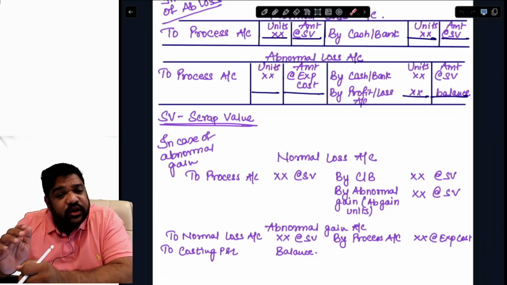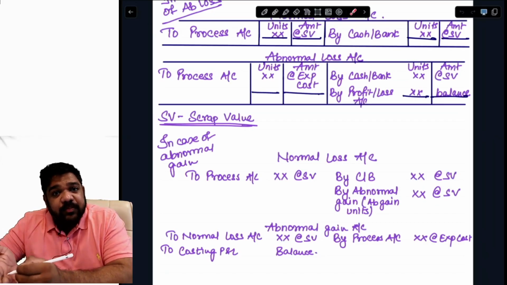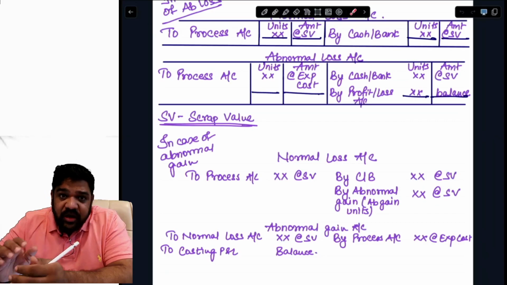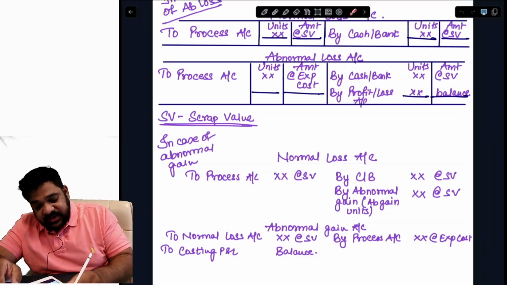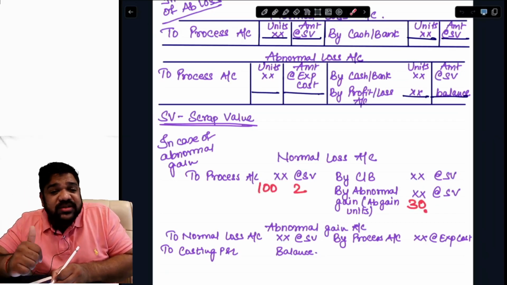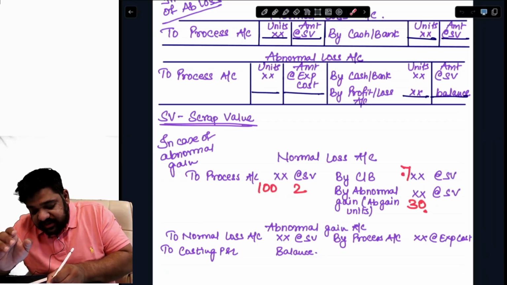Those 30 units that you haven't lost will not be sold at scrap, because unless and until you have lost those, how can you sell them at scrap? Are you understanding? So let's say this is 100 units at 2, and these are 30 units. You haven't lost these 30 units; you have actually lost only 70 of them.